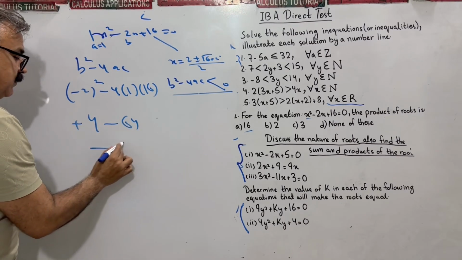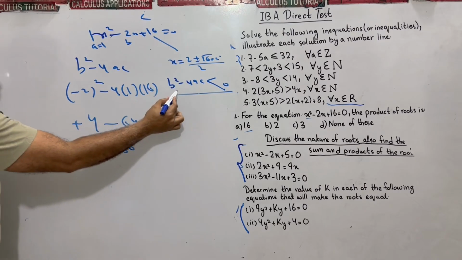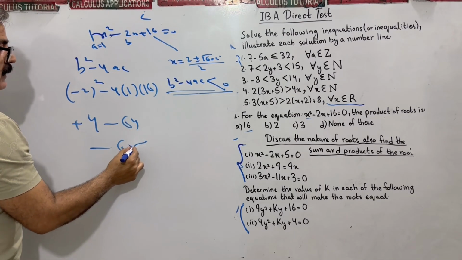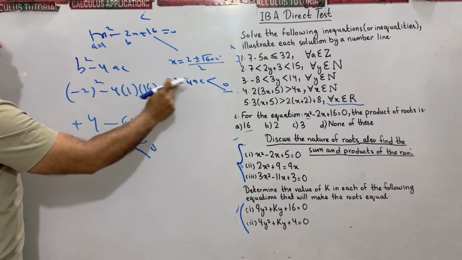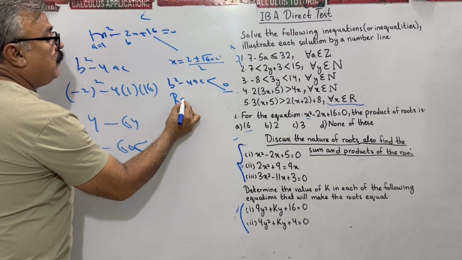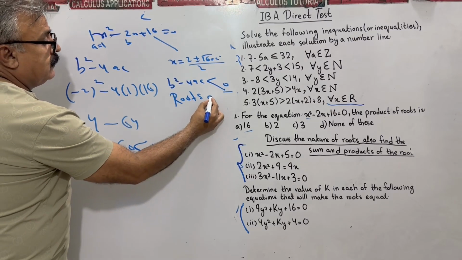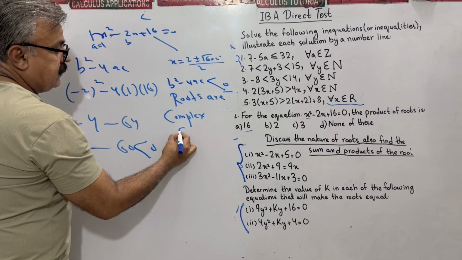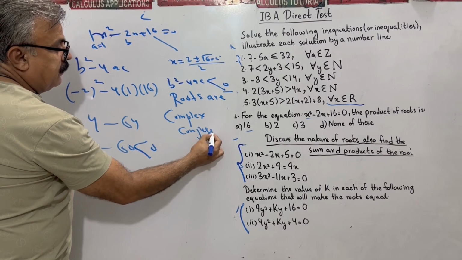Plus 4 minus 64 is minus 60. Look, our discriminant is negative. Whenever the roots are complex conjugate, discriminant is less than 0. If discriminant is less than 0, then roots are complex conjugate.